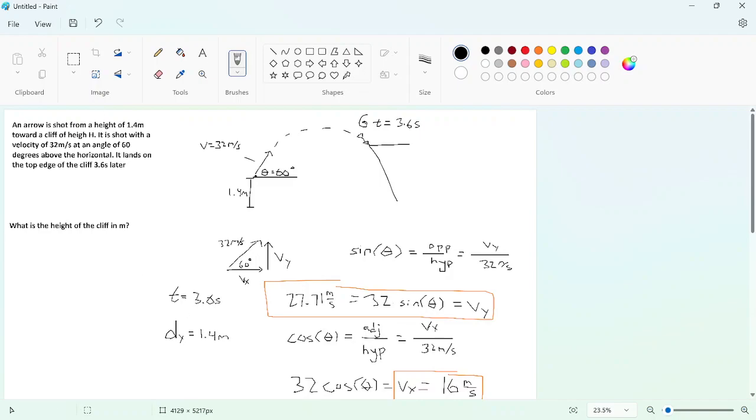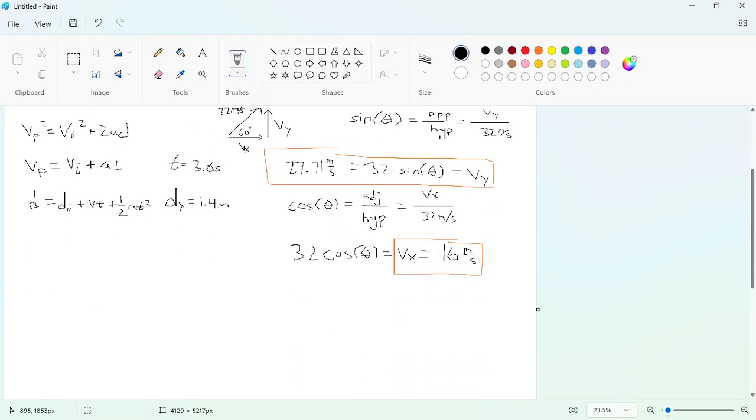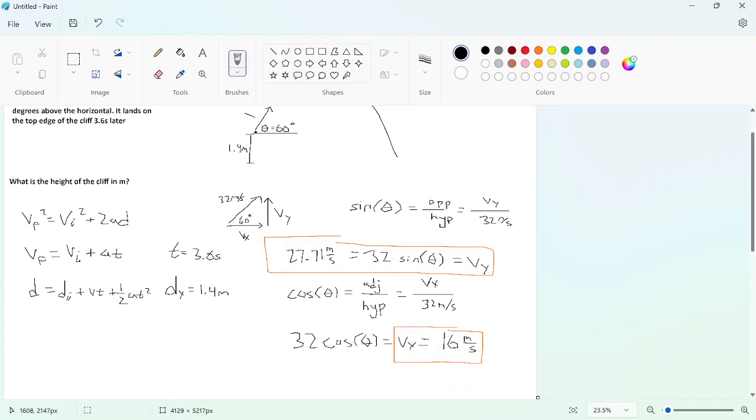All right, so with that, let's go ahead and write our formulas. Velocity final squared is equal to velocity initial squared. Okay, let's go ahead and underline what information we have.